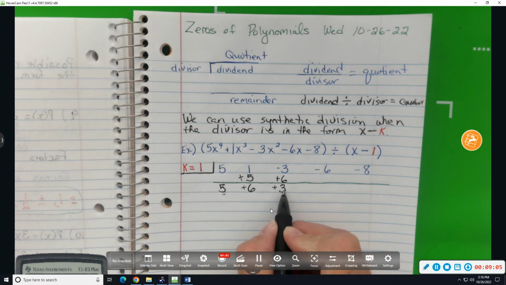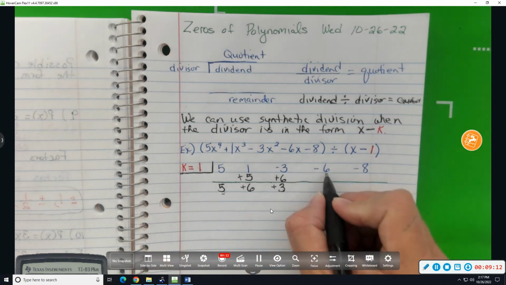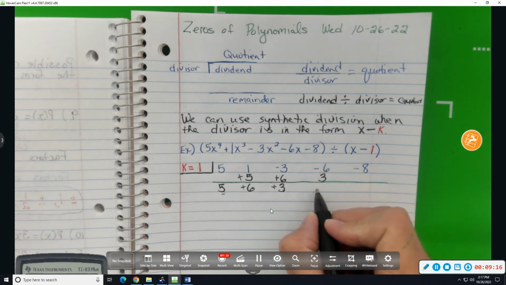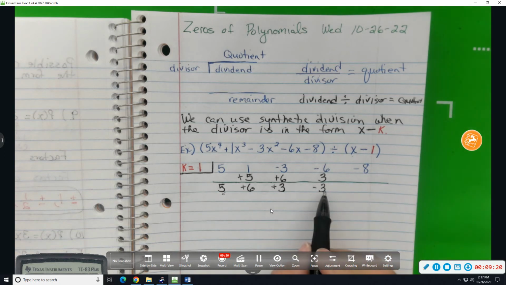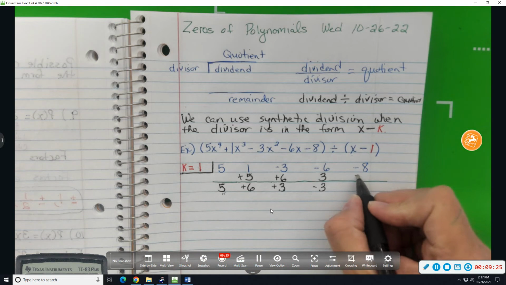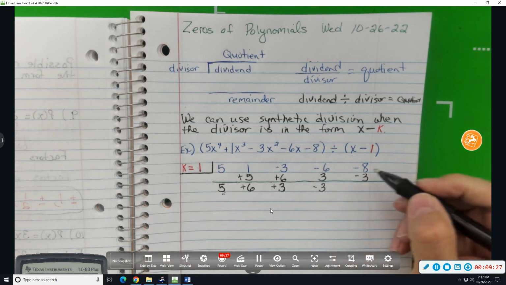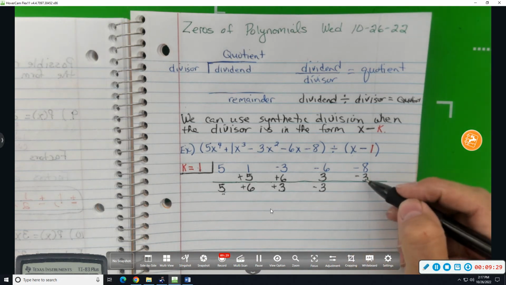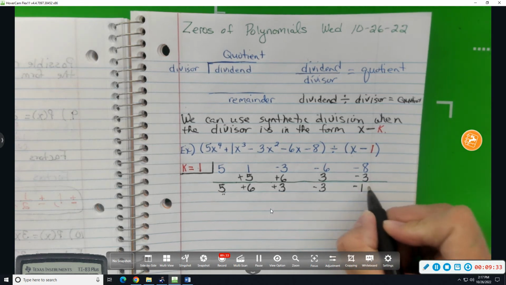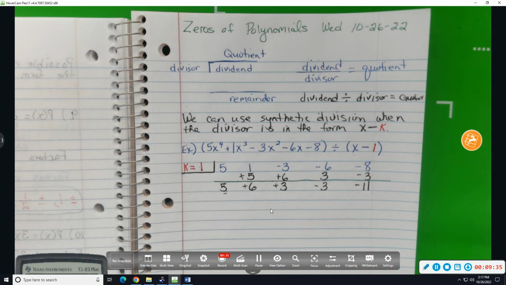I don't have to rewrite anything. I usually put those pluses at the end, but okay. 3 times 1 is 3. Negative 6 plus 3, negative 3. Negative 3 times 1, negative 3. Negative 8 minus 3. What's this number going to be right here? It's a negative 11.